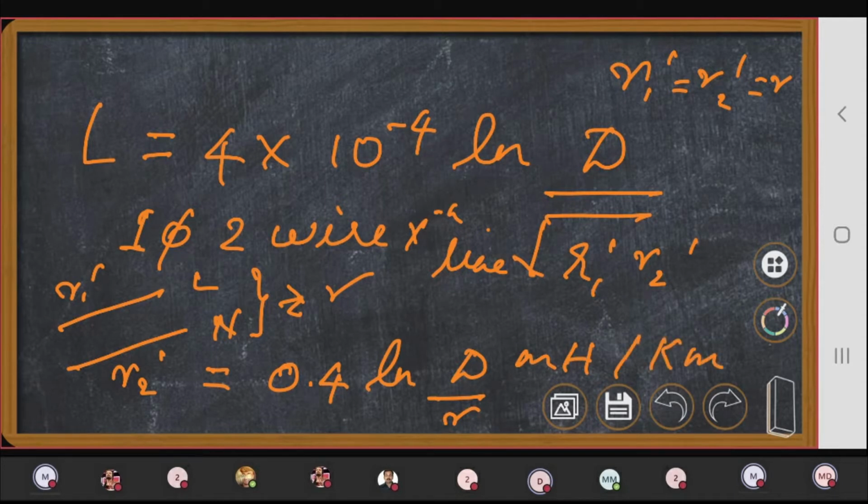Option A is the correct answer. If we are aware of single phase inductance calculation, it is easier to find out the answer. So option A is the correct answer.